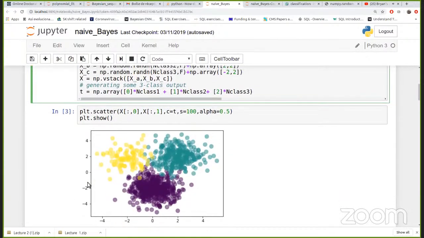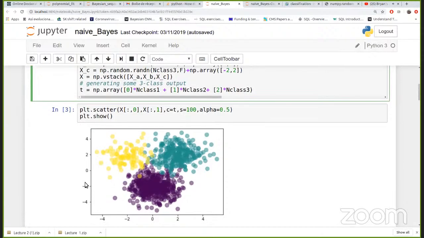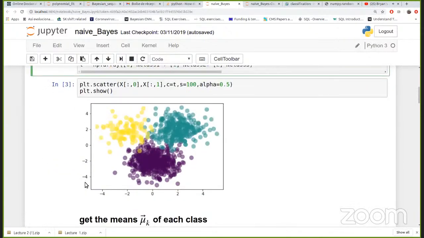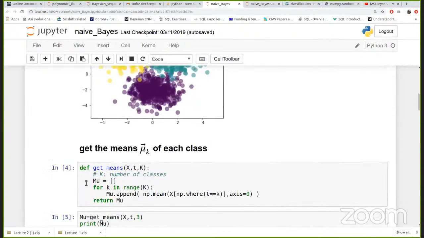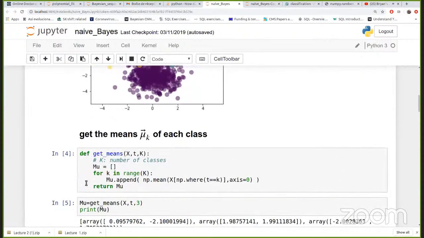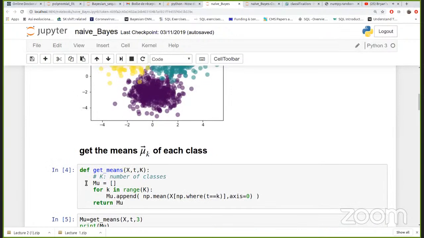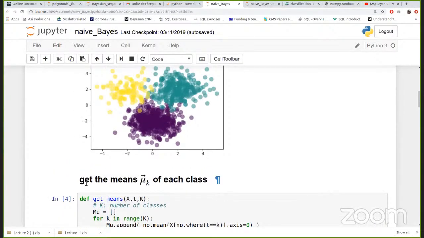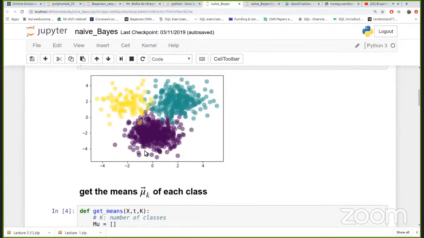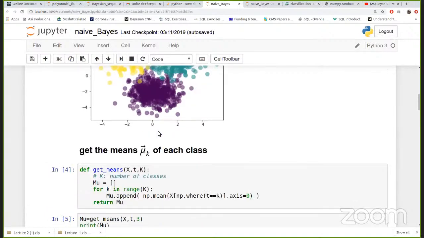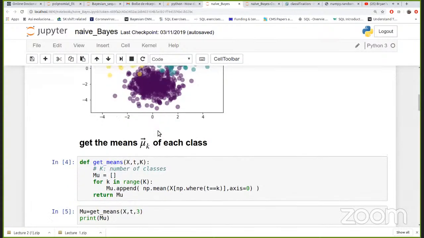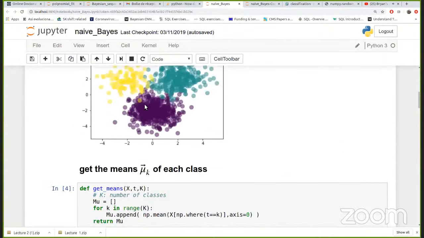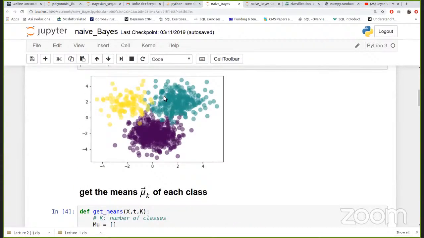So I have a data set like this. This is a 2-dimensional data set, and the output for each point is 0, 1, or 2. The first thing we need to do is get the means of each class. In other words, you get a mean vector characterizing each class, which is nothing but taking all the points of one class and computing their mean, like the centroid.